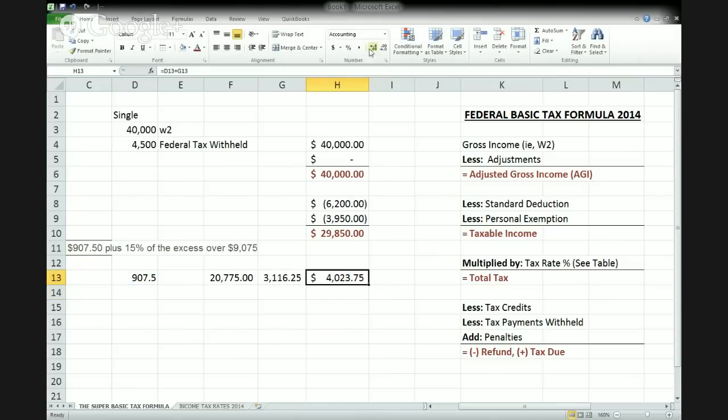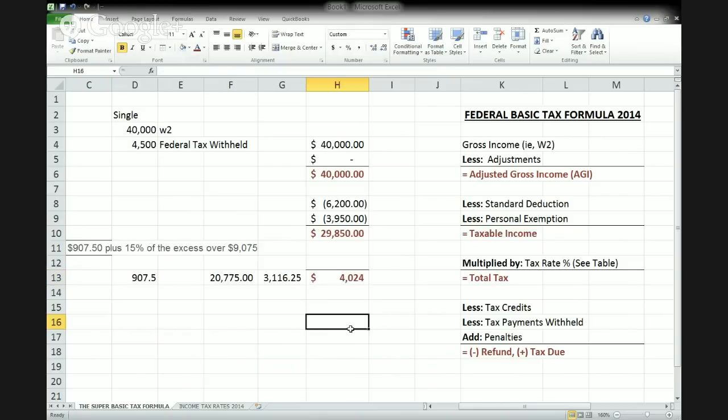The IRS doesn't like those numbers, so you actually have to round up. So in this case, this is your total tax. Your total tax at this moment, on $40,000 as a single individual, is $4,023.75. Again, we have to round this, $4,024.